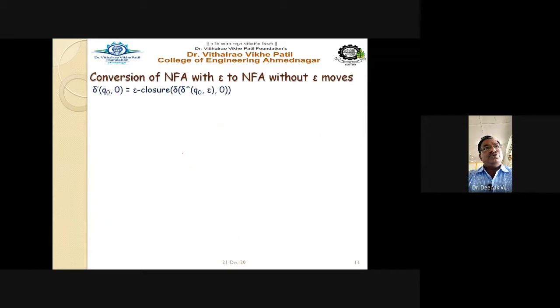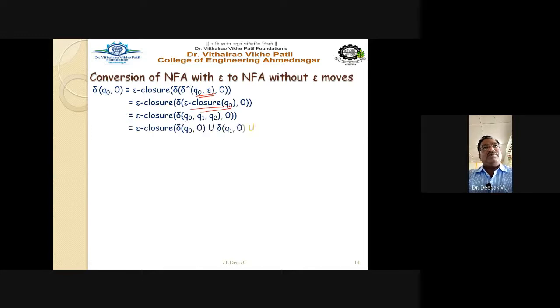Delta dash Q0 on 0: epsilon closure of delta cap Q0 comma epsilon comma 0, that is equal to epsilon closure of Q0. And what is the epsilon closure of Q0? It is Q0, Q1, Q2. And this delta of Q0, Q1, Q2, we have to split it out. So after splitting, we get epsilon closure of delta Q0 comma 0 union delta Q1 comma 0 union delta Q2 comma 0.